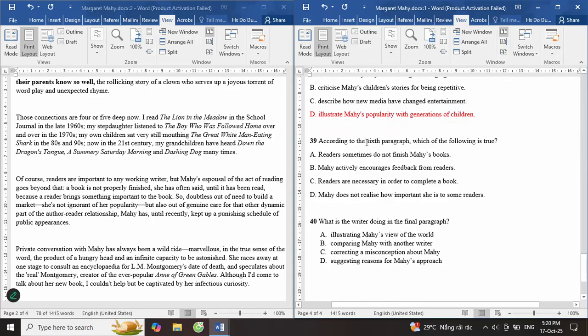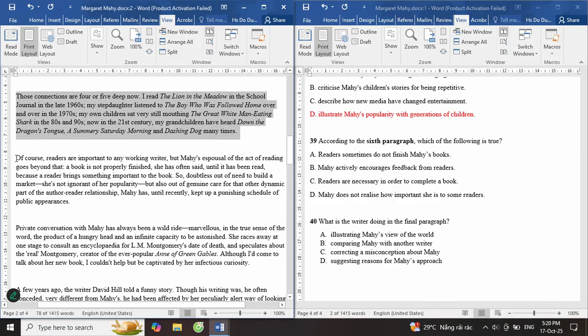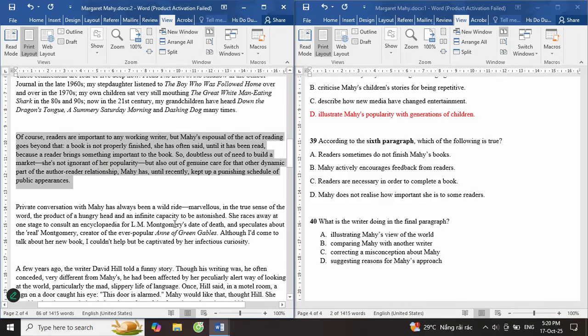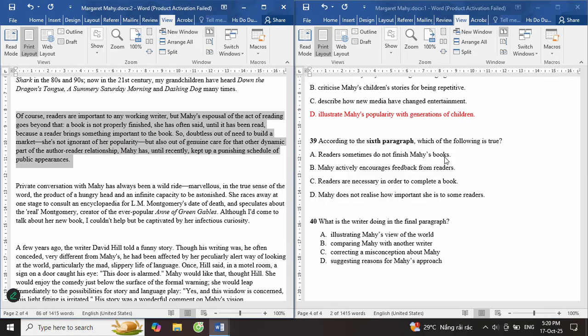Number 39, sixth paragraph. This is the sixth paragraph. Okay, this is a little bit more tricky.